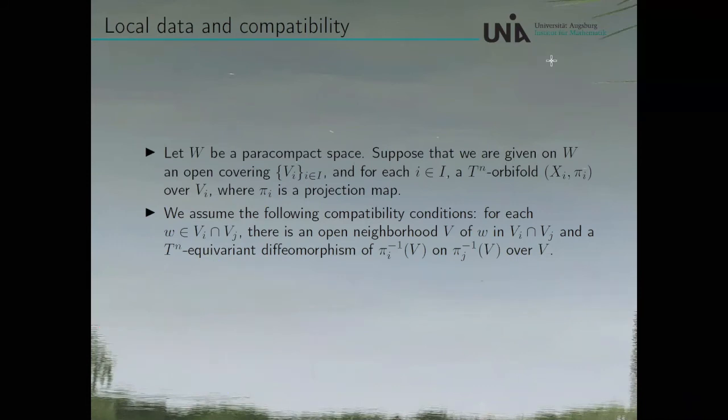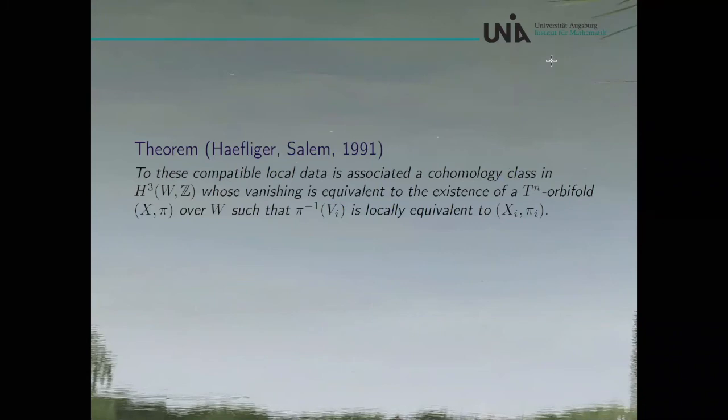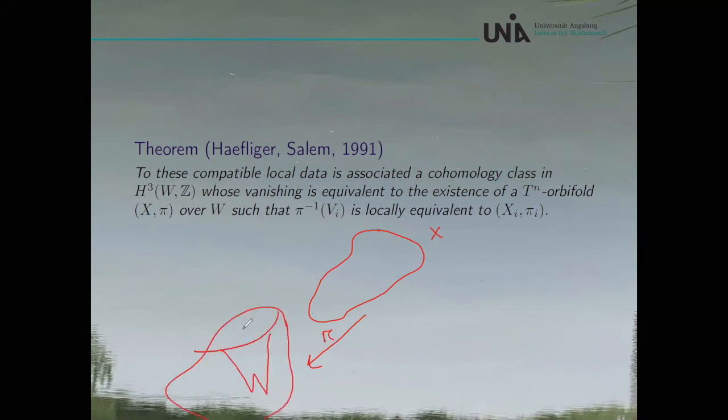And then what they showed is that to every compatible local data is associated a cohomology class in H3 of W and Z, whose vanishing is equivalent to the existence of an orbifold with a T^n action, such that, if this is the orbifold that we construct, X, and then we have W here, but remember over V_i we had another T^n orbifold, X_i.